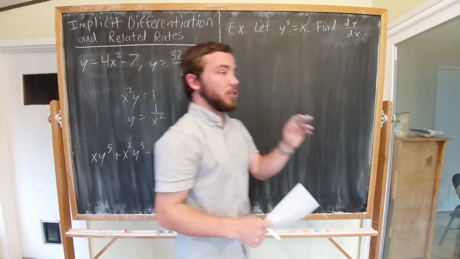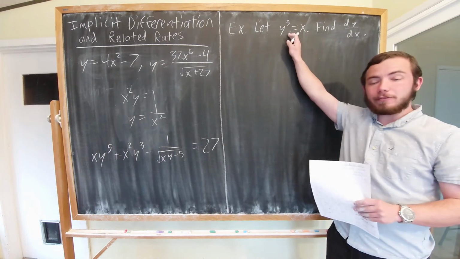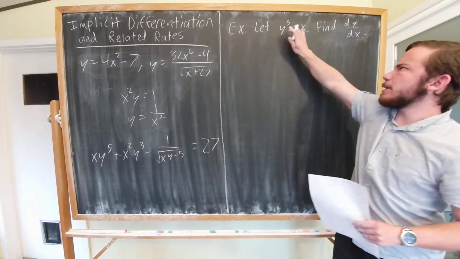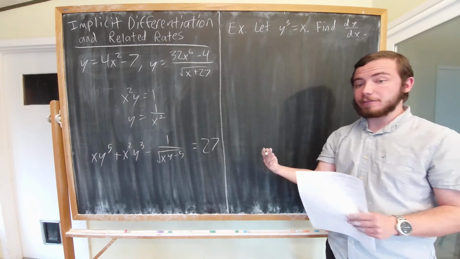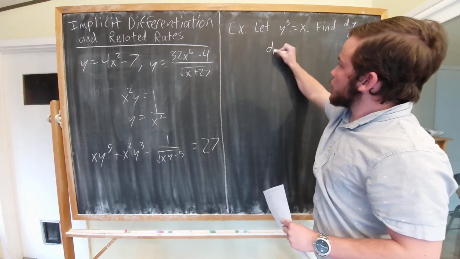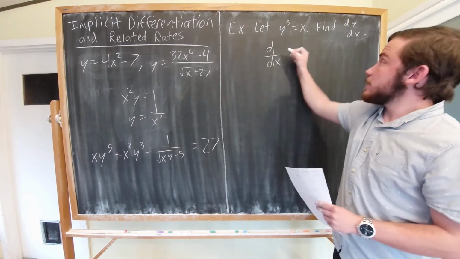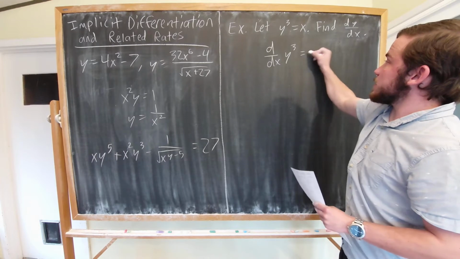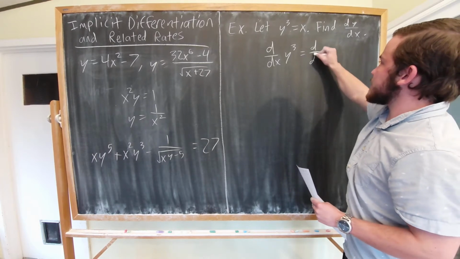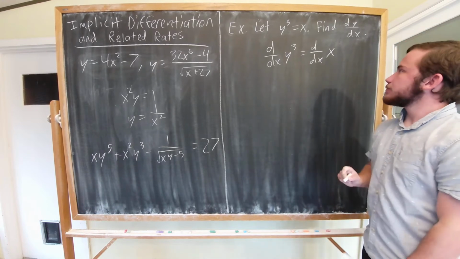So what I'm going to do is take the derivative on both sides of this equal sign. If these two things are equal, their derivatives with respect to the same variable should be equal. So d/dx, and yes, it's important that it's x, d/dx of y cubed is equal to d/dx of x.